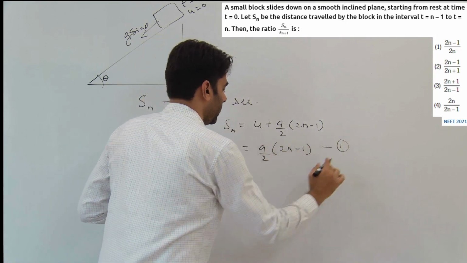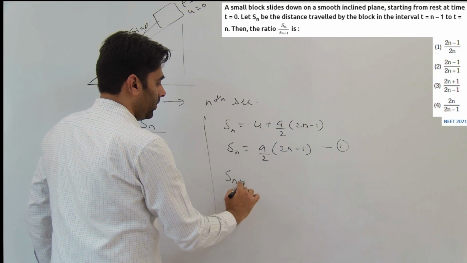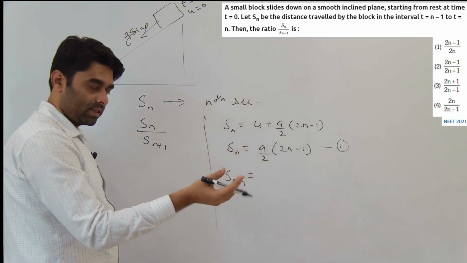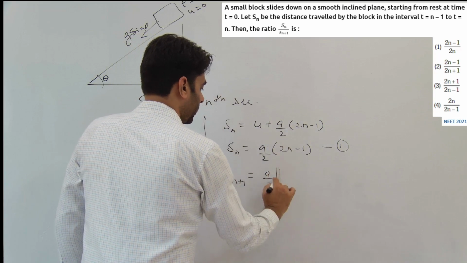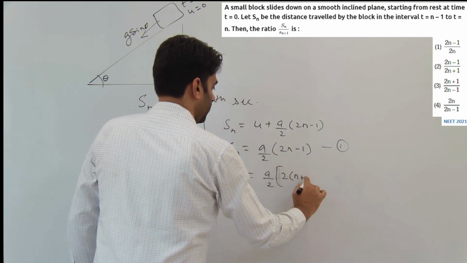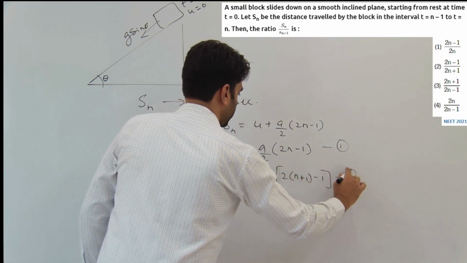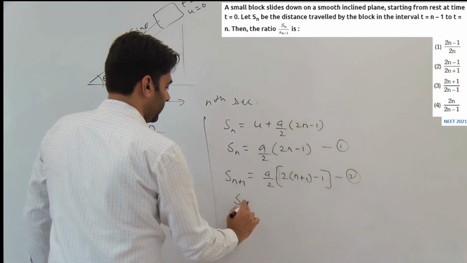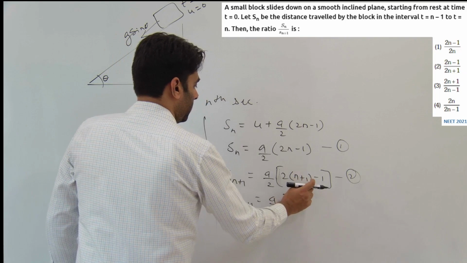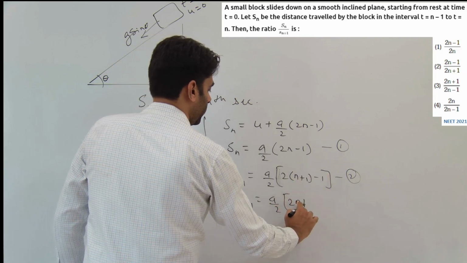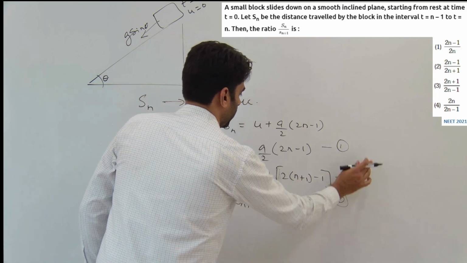First equation. Sn plus 1: again g sine theta, which is same acceleration. So a by 2 into 2 times n plus 1 minus 1, this is your second. What do we get? Sn plus 1 is a by 2 into 2n plus 2 minus 1, that means it comes out to be 2n plus 1. This is our second equation.